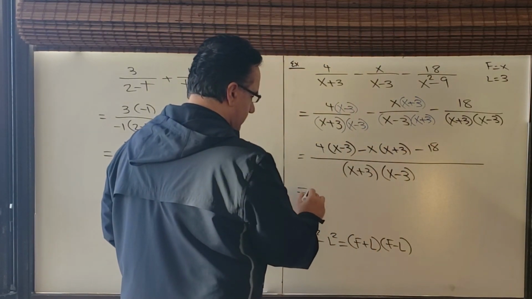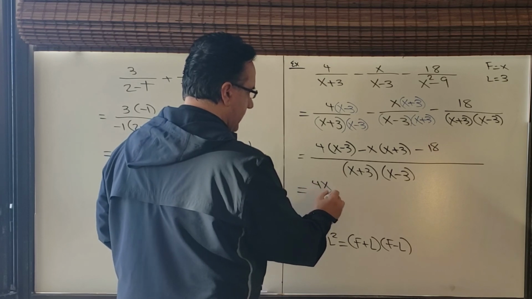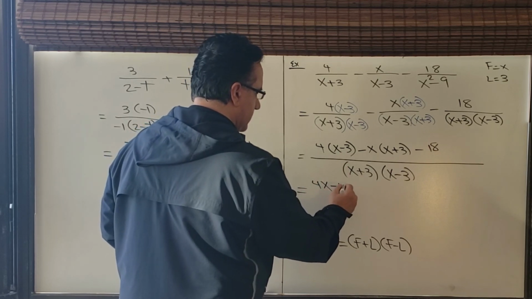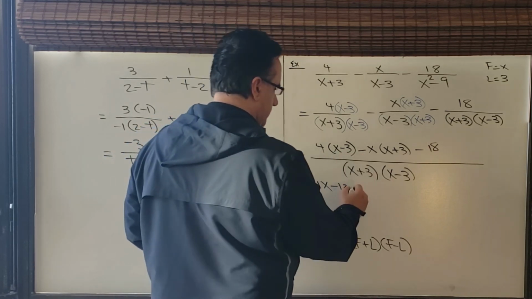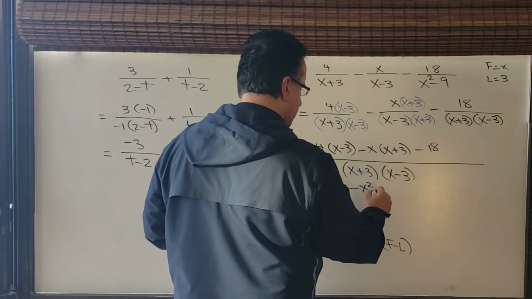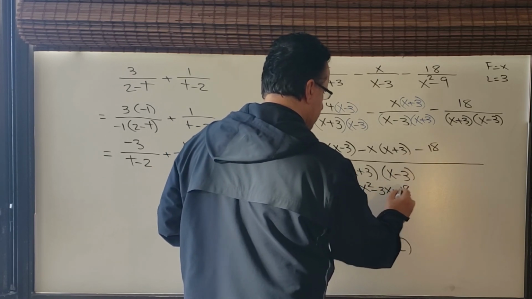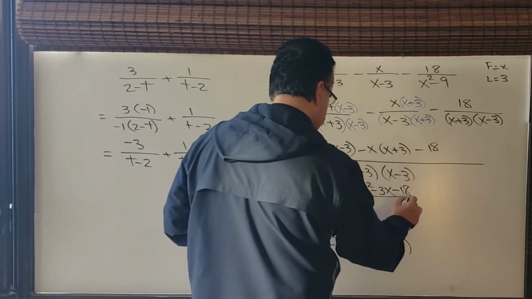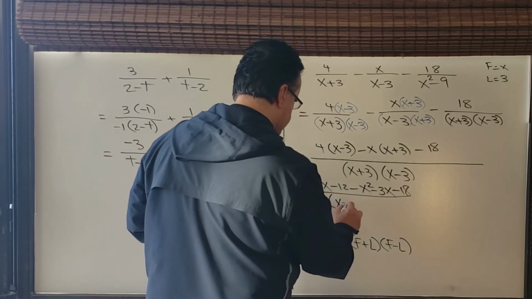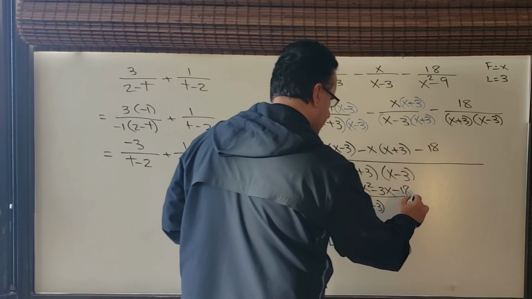So now we're just going to go ahead and multiply that out. So we get 4x minus 12 minus x squared minus 3x minus 18 over x plus 3 times x minus 3.